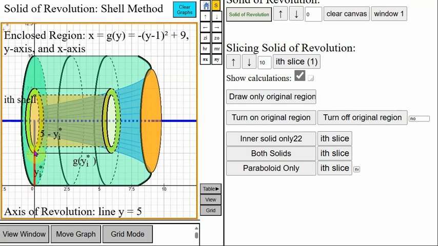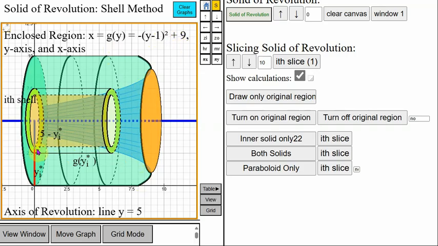Therefore the distance from here to here, which is the average radius, will be 5 minus y sub i star. The height of this shell will be the distance from the y-axis up to the graph, and this graph is the graph of g of y equal to negative y minus 1 squared plus 9.